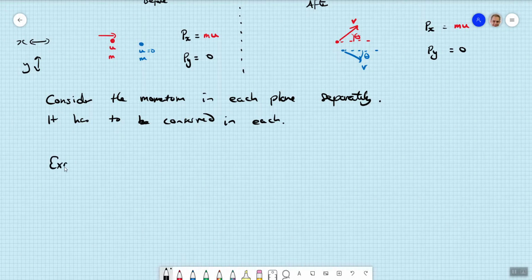So let's deal with these things. Let's say we have a red ball which is moving with an initial velocity of 6.0 meters per second.